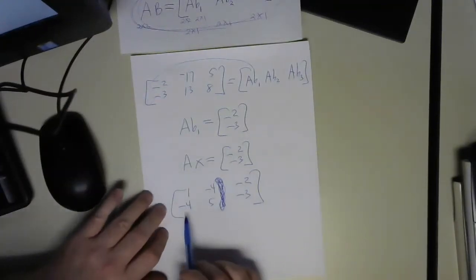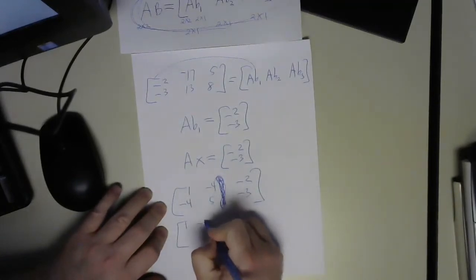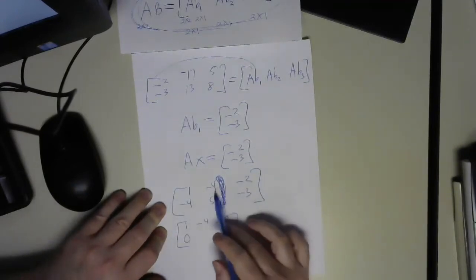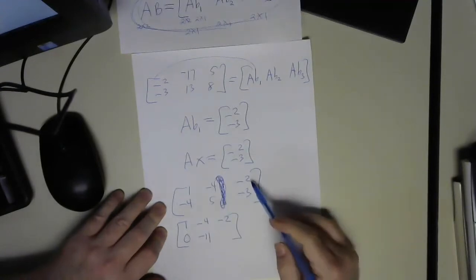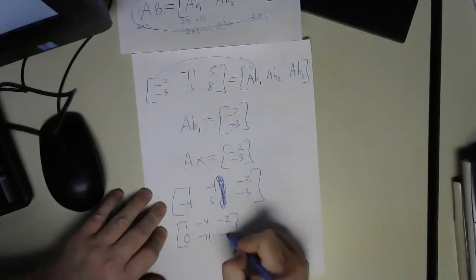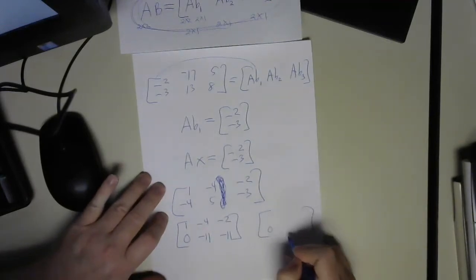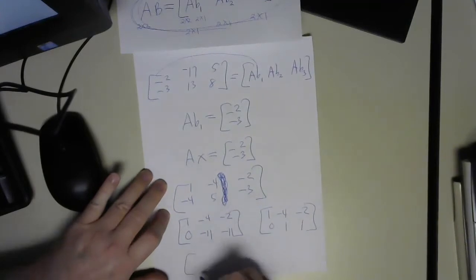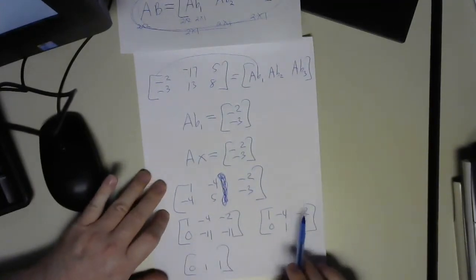All right, so let's put it in reduced echelon form. 4 times the first plus the second. That'd be -16 plus 5, which is -11, I think. 4 times that is -8 minus 3 is -11. Now divide the second one by -11. And then I guess multiply the second one by 4 and add it to the first one.